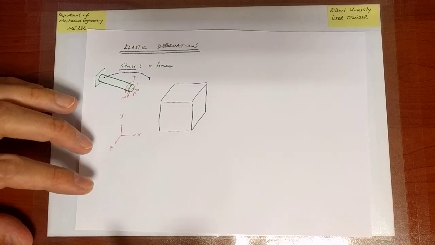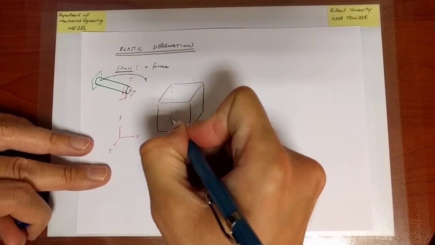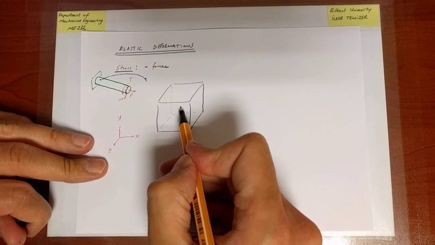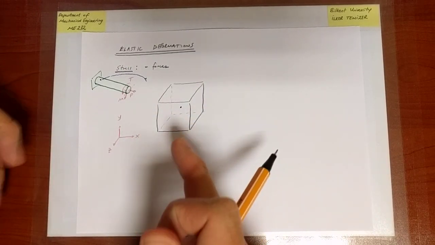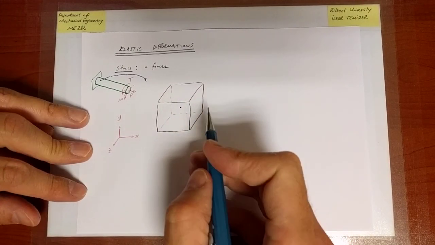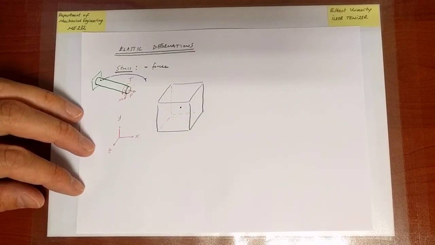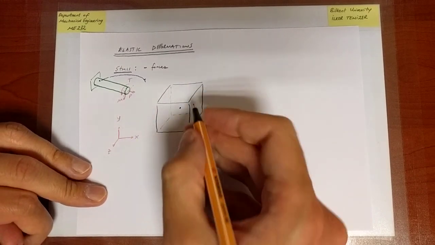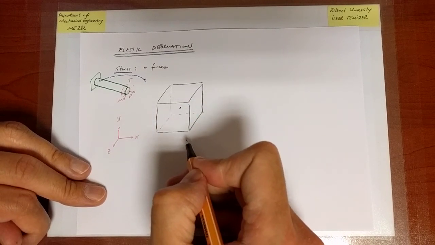I am looking at a point, this point, and in the vicinity of that point, I am taking a cube, a very small region of material, and on that material I'm going to depict the components of the stress geometrically. And that's what I mean by geometrically, because it's based on this geometric description of a small region of material in the vicinity of the point I am interested in.